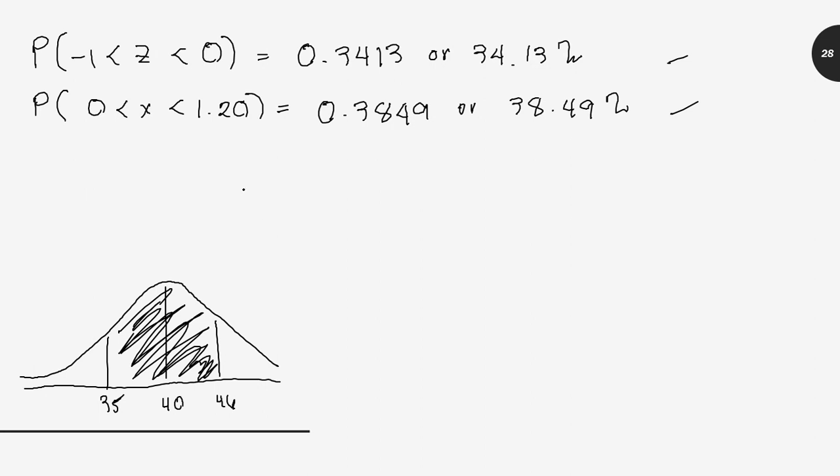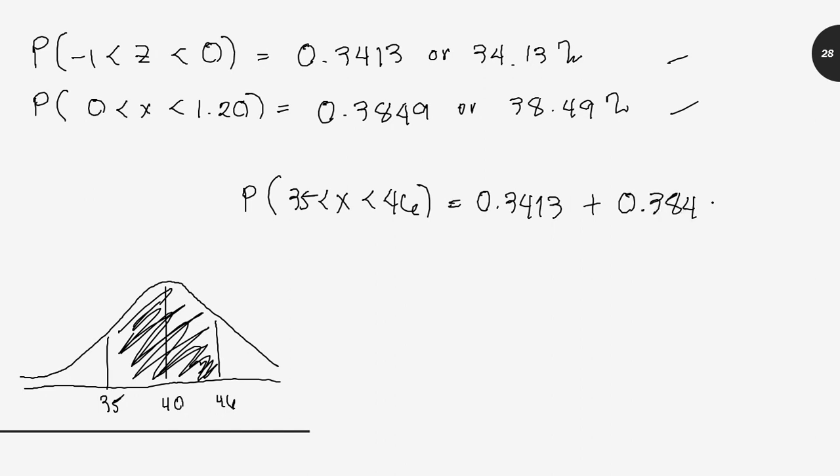Okay, so next na pong gagawin natin is to find the probability that x is greater than 35 but less than 46. And then ang gagawin lang po natin is ipag-a-add lang po natin yung dalawa po nating nakuha. So we have 0.3413 plus 0.3849.